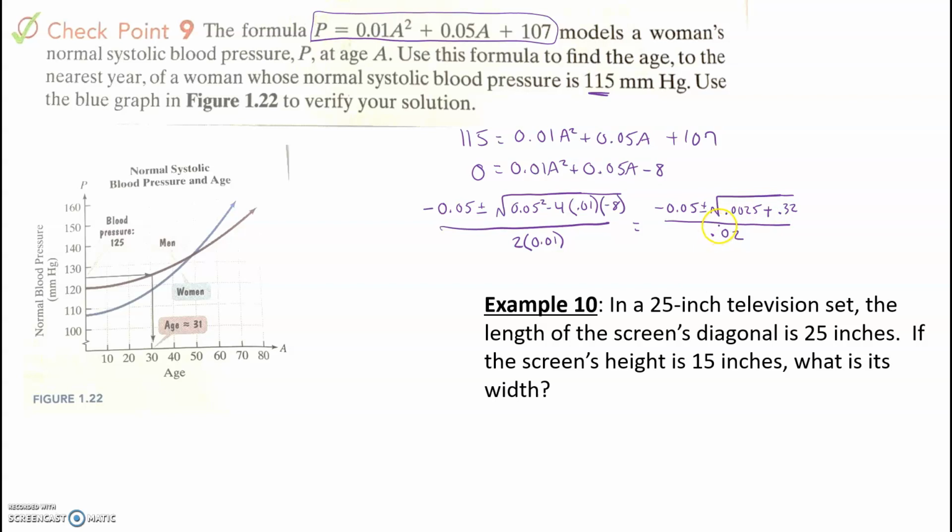Now, I do want to talk about your answer. Remember, you're winding up with two answers here. This plus this number divided and this minus this number. When you're talking about a real-world solution, we don't want a negative age. This should be age. So we're actually only going to look at the positive. So when I'm typing into my calculator, I'm going to have the 0.05. I just want the plus.